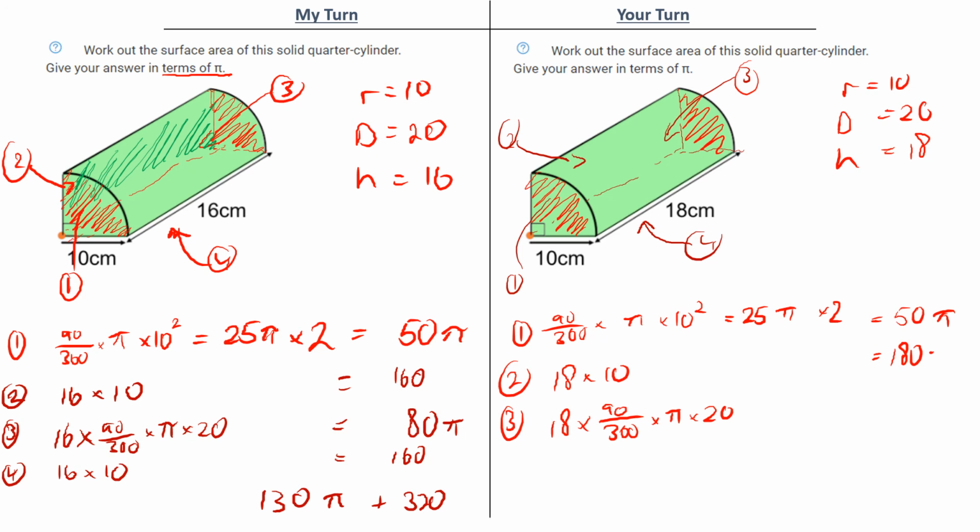So that's going to give me 90 pi. And then number 4, the base, we've got 18 times 10 again, 180. So again, add your pi terms together, add your numbers together, and you would get a total surface area of 50 add 90 is 140 pi plus 360. Great.